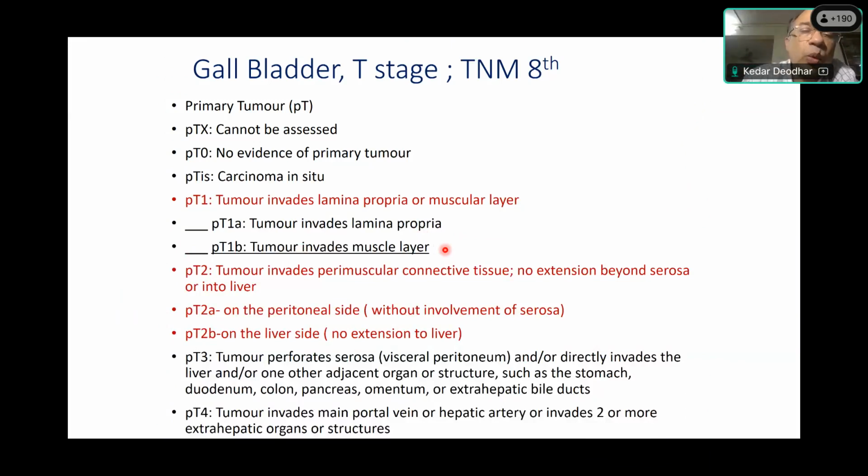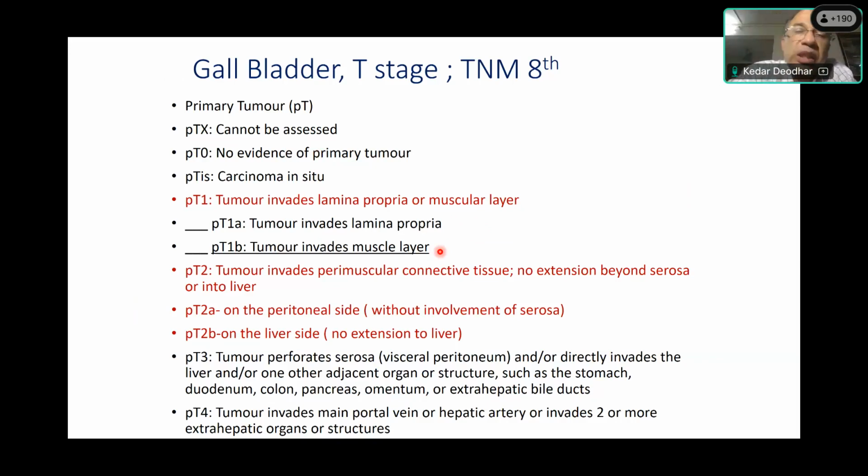But if we do see tumor invading and causing fibrous reaction in the muscle coat, that will be PT1B, and that's when the surgeon will remove the local lymph nodes. Tumor restricted only to the mucosa may not require local lymph node removal, but any invasion of the muscle coat will require, or surgical standards dictate that, local lymph nodes should be removed and part of the liver to be removed.